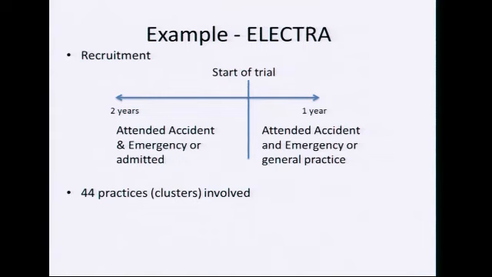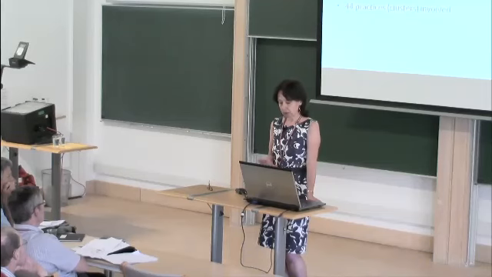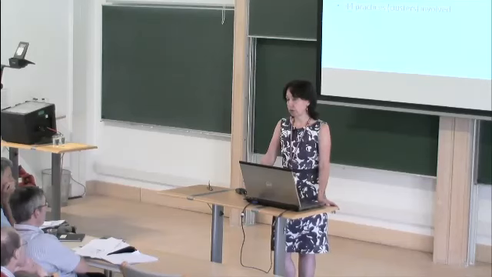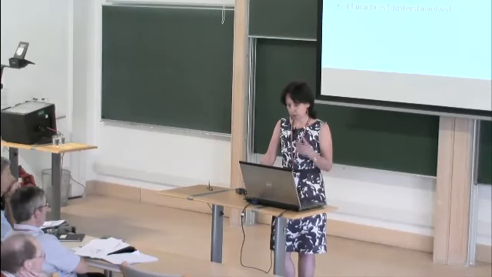Now, you might say that those people that we were recruiting post the recruitment and randomisation of the practices, possibly there might be some sort of bias in the identification and recruitment of those individuals, as we've heard.